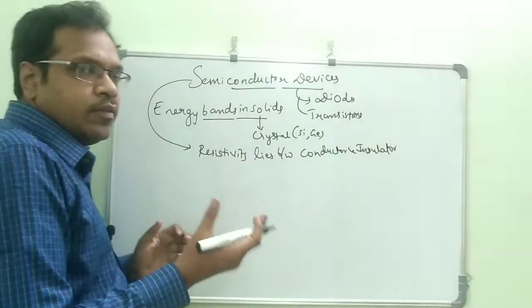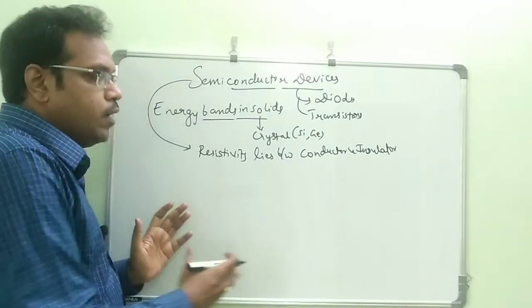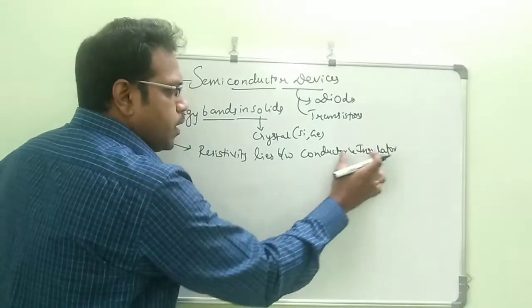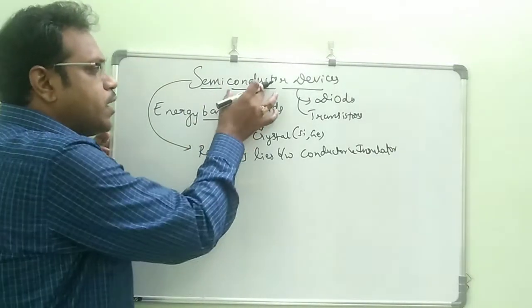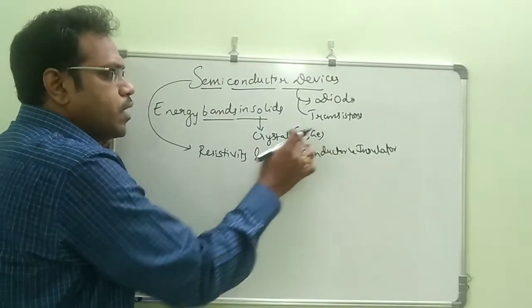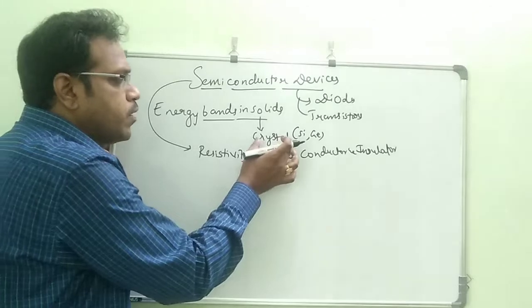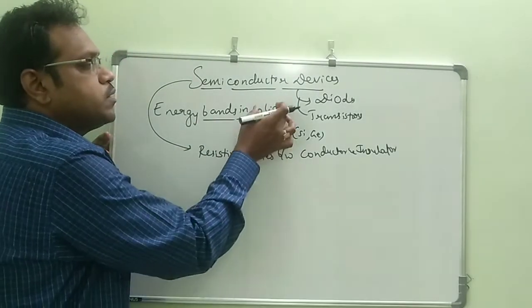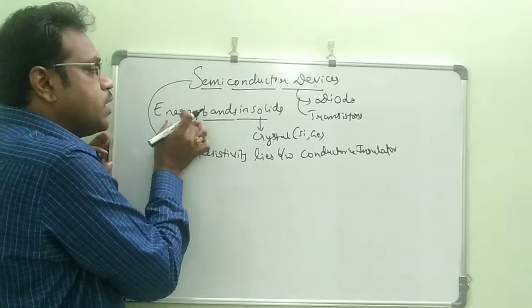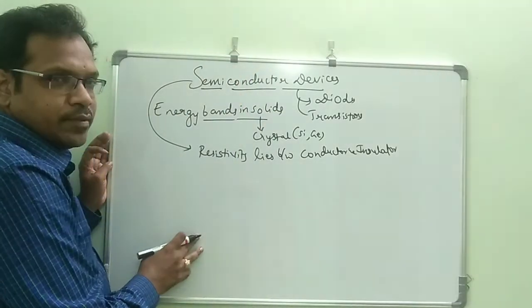The resistivity we already studied in our current electricity. The material whose resistivity lies between conductor and insulator is called a semiconductor. The best examples are silicon and germanium, which are used in the form of crystals, and we have to study this crystal in the form of solids, the energy bands in solids.